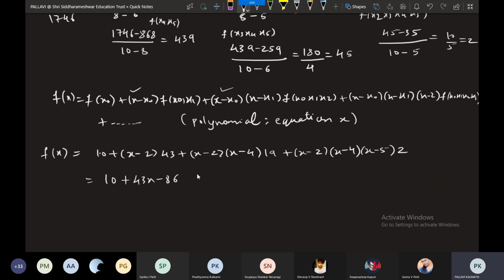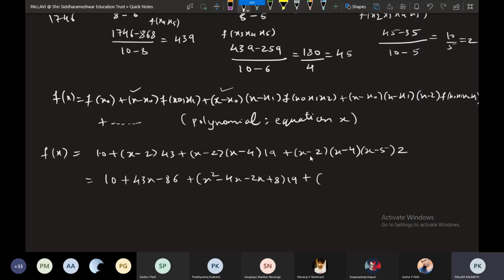Simplify it so much and keep the plus. What is x into x? x square minus 4x minus 2x plus 8, into 19. Is it clear? Yes, ma'am.